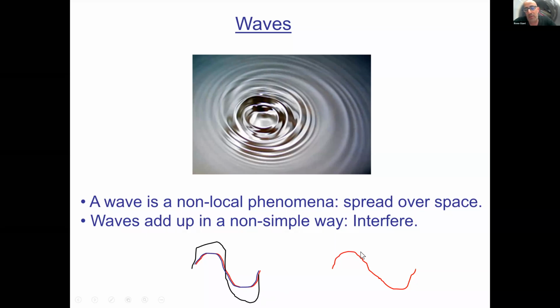But I can also make waves meet each other in a way where a mountain meets a valley and a valley meets a mountain, and this way the mountain annihilates the valley and the valley nulls the mountain, and the waves actually nullify each other. So instead of getting constructive interference, which generates larger waves, waves can also interfere destructively and annihilate each other. So waves are very different from particles.